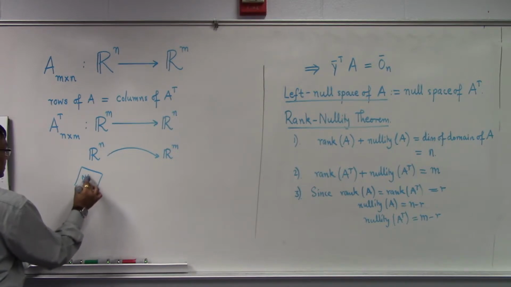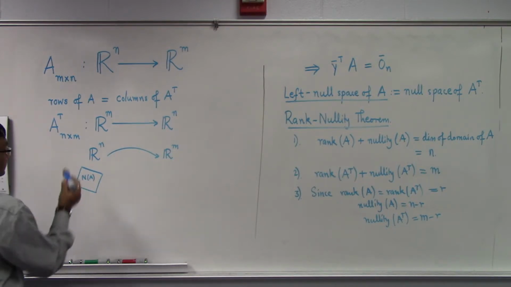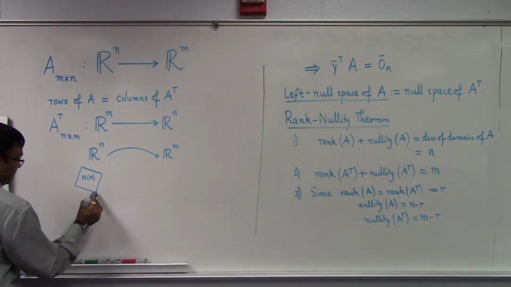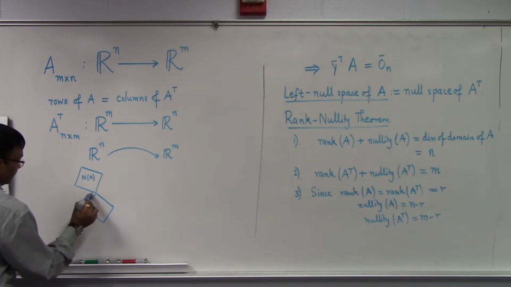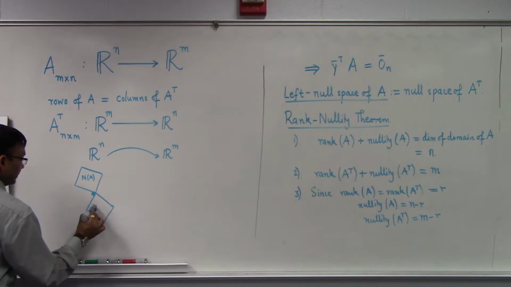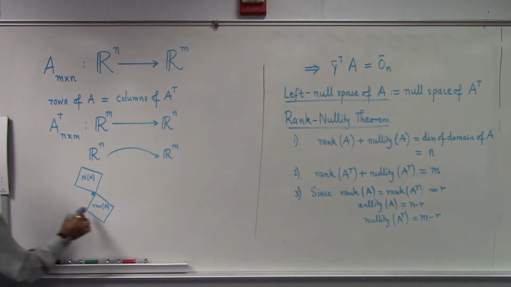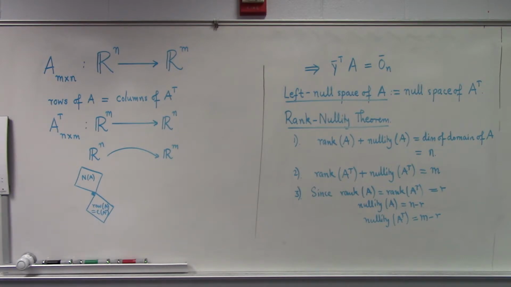Then the row space of A also sits inside Rn, or you can say the column space of A transpose sits inside Rn. But remember, the row space and the null space are orthogonal to each other. So this is a 90-degree angle, just to denote that idea. So here we have the row space of A, which is the same as the column space of A transpose.